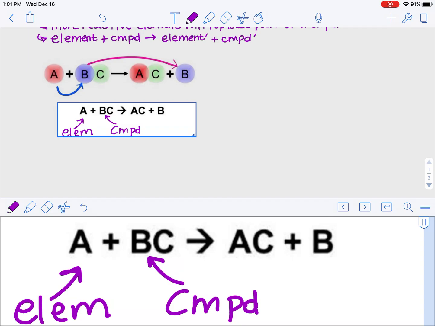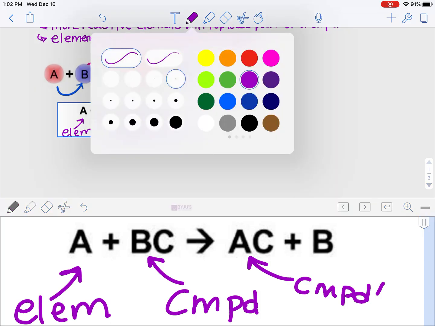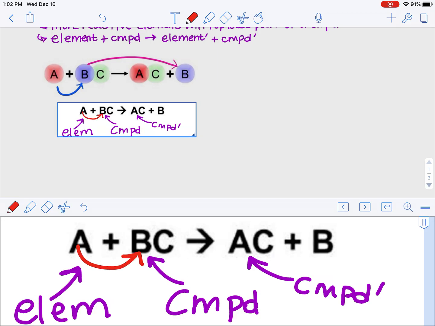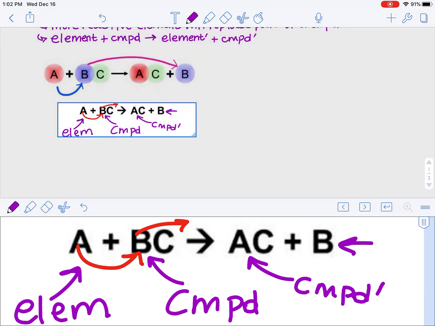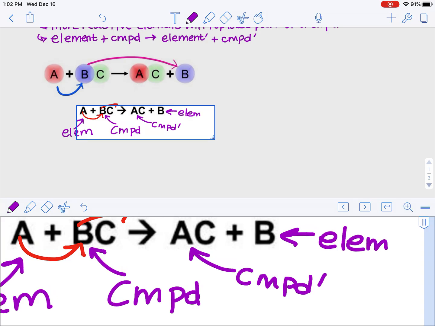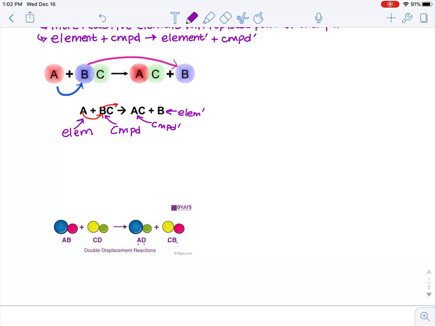So when I look at my products, the compound, which is new, so I'm calling it compound prime, has A now bonded with C. The only way that could happen is if A came in and kicked out, or replaced, hence single replacement, part of the compound. In this instance, it's B. So now on the product side, B, the part that got kicked out, is our element prime.